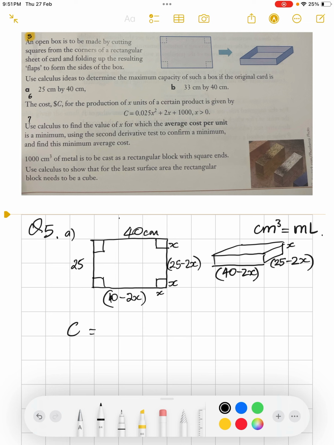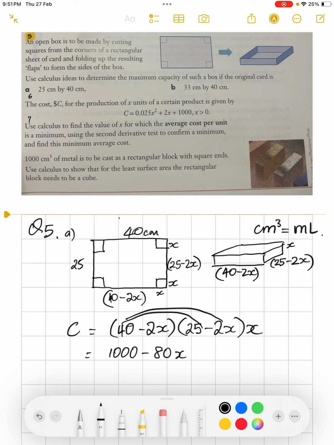So let's take the volume, and it is length times width times height. All right, let's expand that. So we've got 1,000 minus 80x minus 50x plus 4x squared, and we've still got that x.